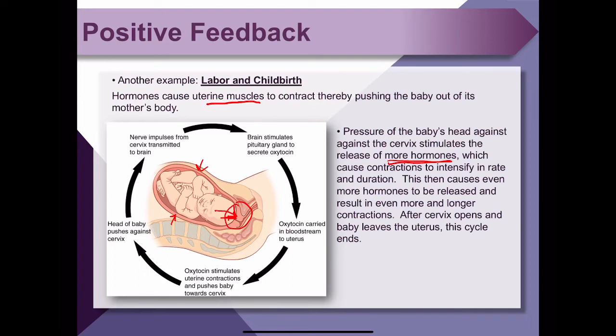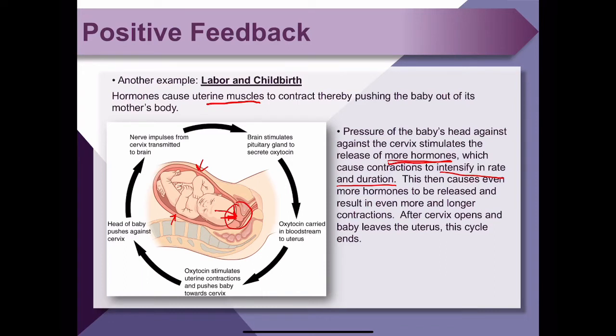uterine contraction to intensify. Okay, so the oxytocin hormone, okay, is triggered by your nervous system from your cervix. Your cervix senses that pressure, sends a signal to the brain, the control center, which then tells the part of the brain that releases oxytocin, it goes into circulation, gets to your uterine muscles, and the uterine muscle then will intensify the rate and duration of its muscle contraction.